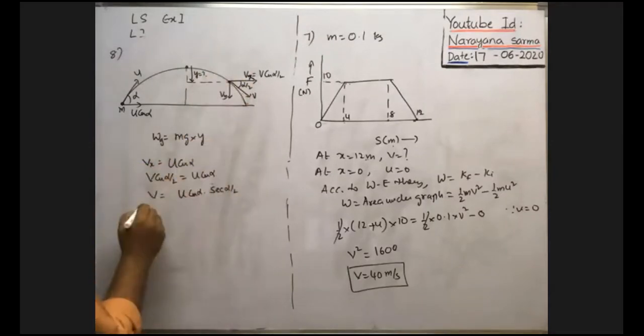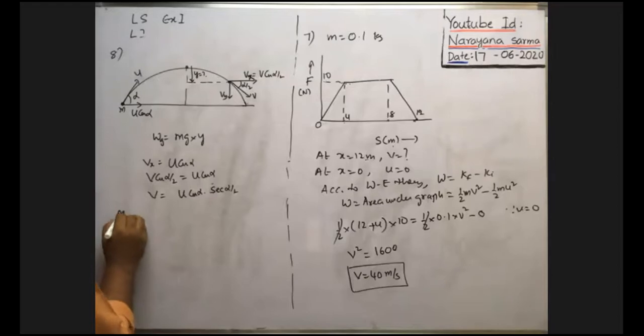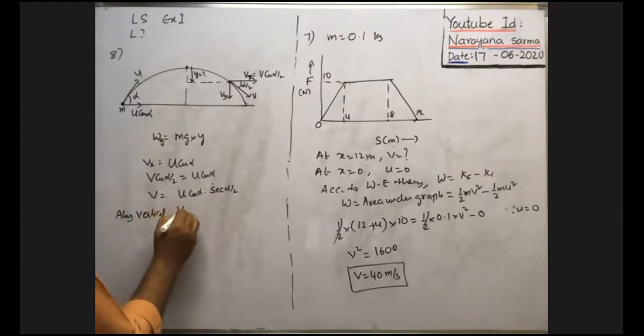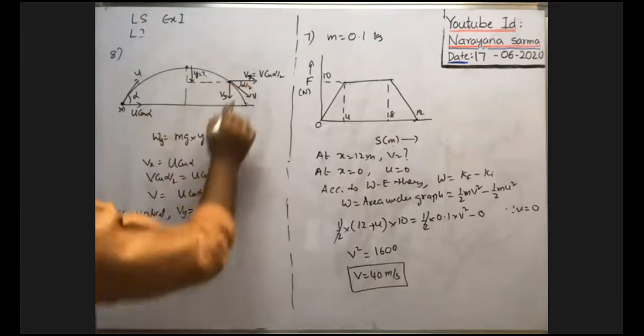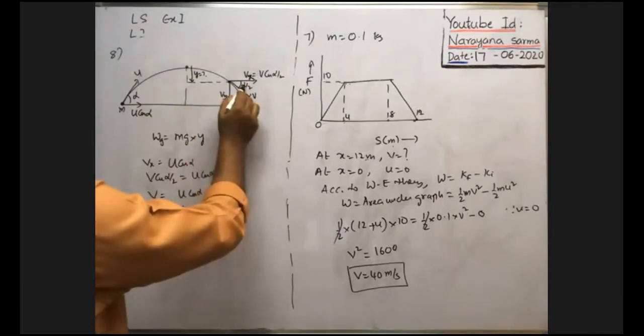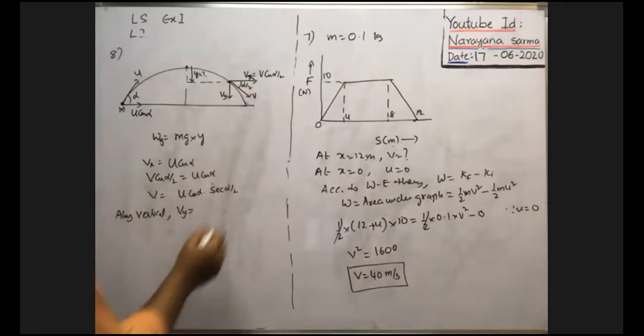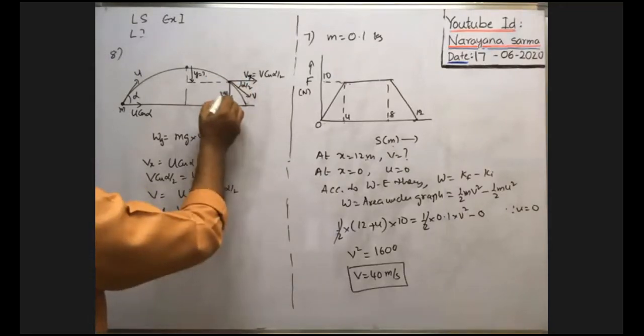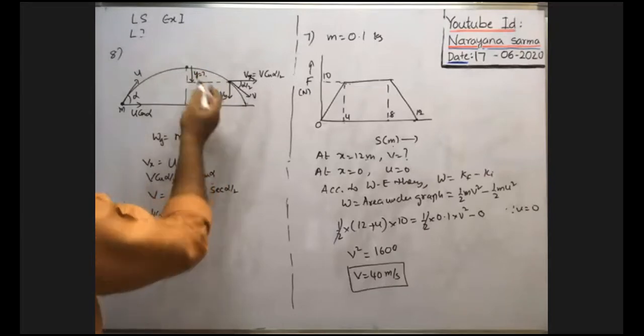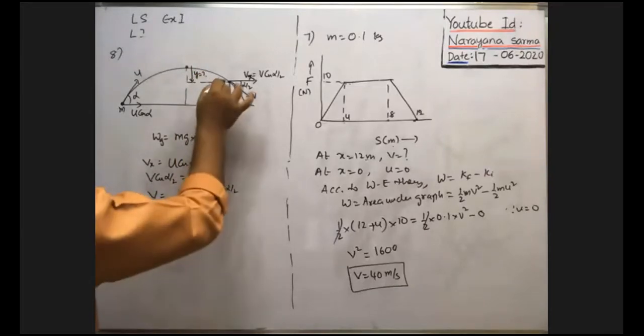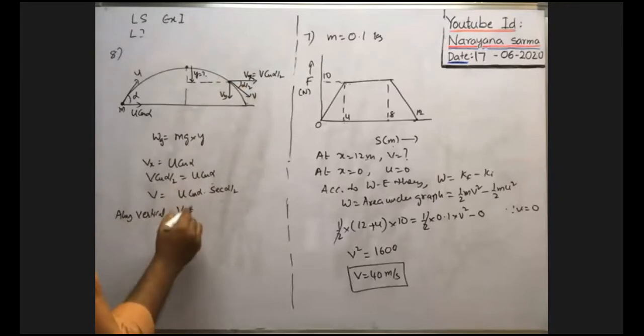Now along the vertical direction, what is the velocity component at the time whenever its direction of motion makes an angle alpha by 2 with the horizontal? Because when you know the vertical component of velocity, we can calculate the distance traveled along the vertical direction. That's why I am finding the vertical component of velocity.